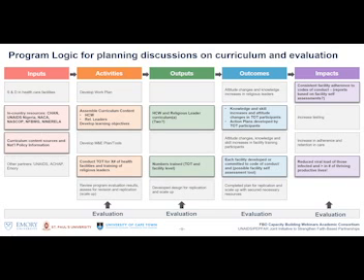And then also the output was the number of persons trained in the training of trainers at the facility level. The outcomes were knowledge and skill increases and attitude changes, and the action plans that they produced out of the training of trainer curriculum and experience.